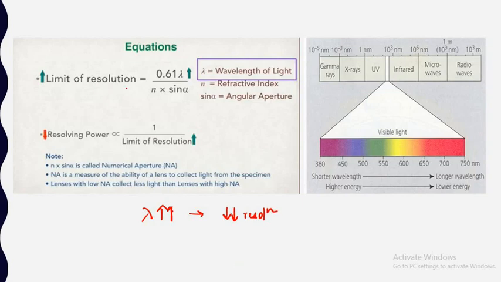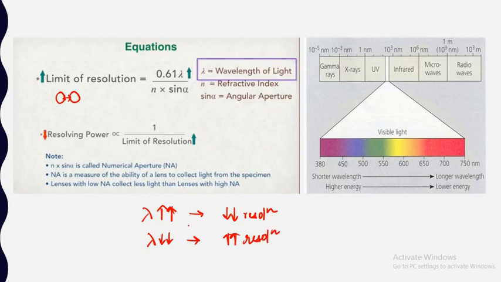Because the limit of resolution is equal to the wavelength, and the limit of resolution is the minimum distance between two objects. So if your wavelength is high, your resolution will be low. If your wavelength is low or shorter, you will get a high resolution.